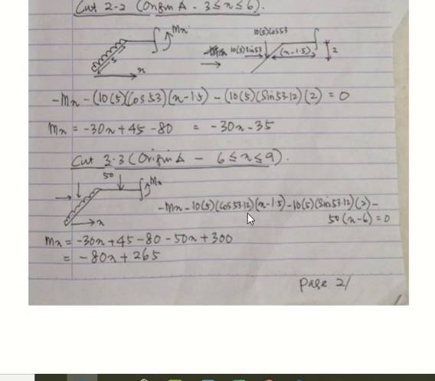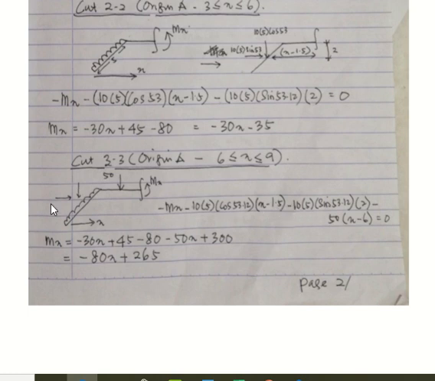This is the component force in y direction, multiplied by distance. Distance is x minus 1.5, because your force is here, and the distance from here to the cutting means x minus 1.5.